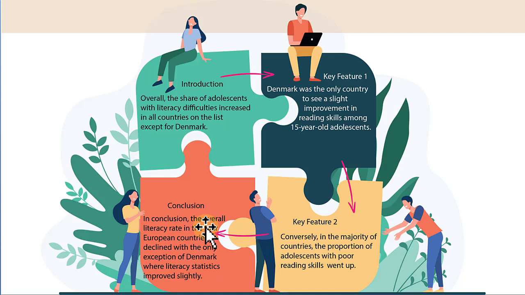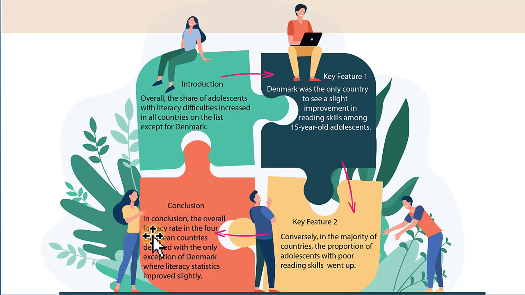And again, in the conclusion, you can recap it, but once again, the conclusion is optional in the graph description. If you are able to paraphrase the same idea 3 times, in the introduction, in the key feature, and then again in the conclusion, you show a wide range of vocabulary, and your score for lexical resources will definitely go up because you are expressing the same idea 3 times using different vocabulary.